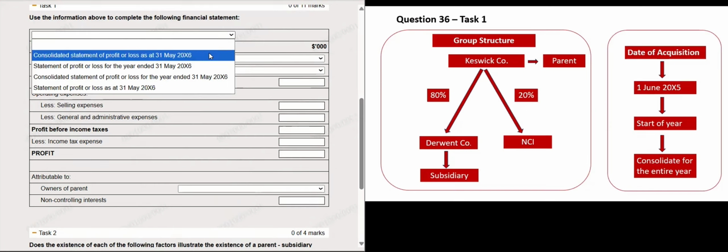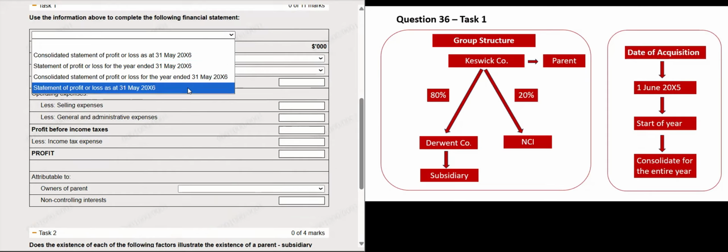The first option, Consolidated Statement of Profit or Loss as at 31st May 2006, is not the right option, as we know that a profit or loss statement is prepared for a period and not at a specific point in time. The titles in the second and fourth option are used when we are preparing a single company's financial statement.